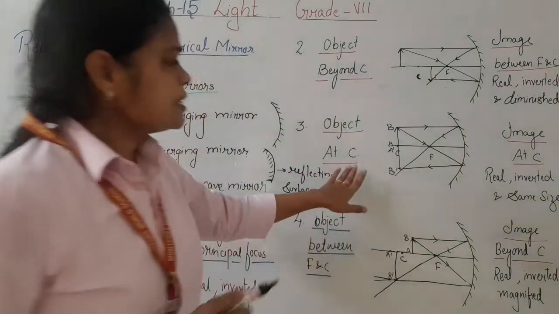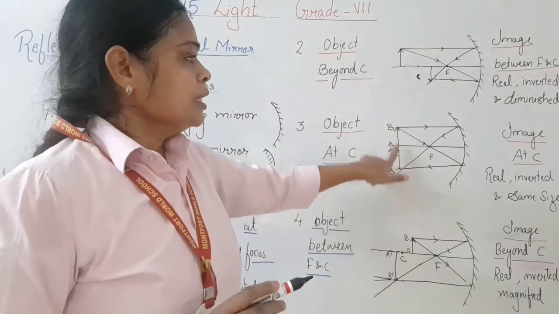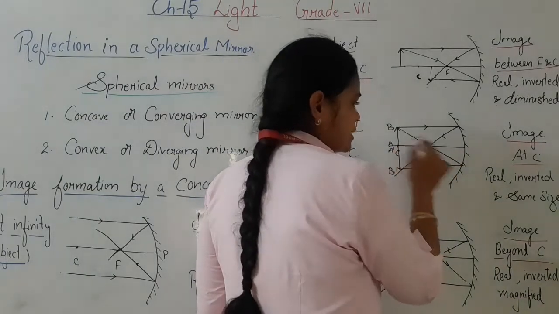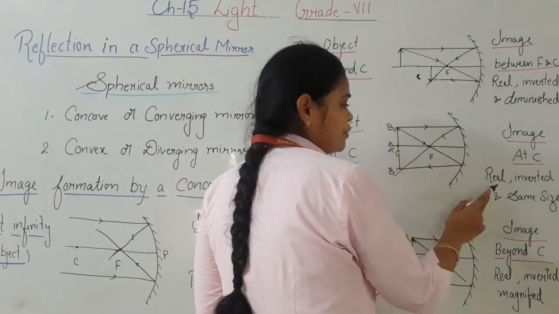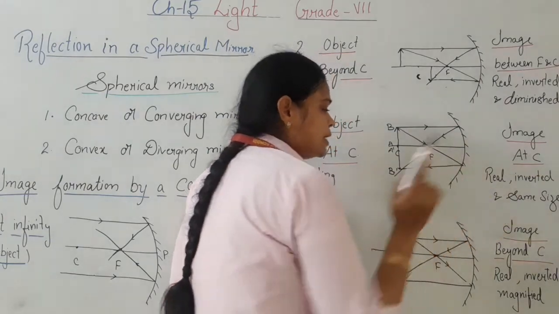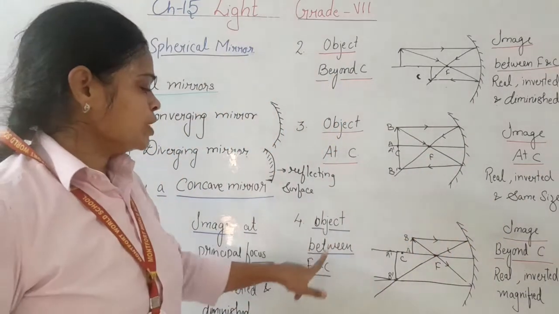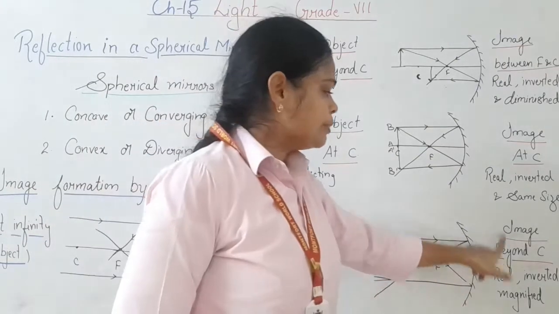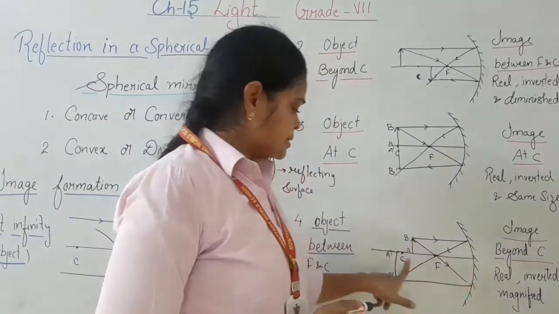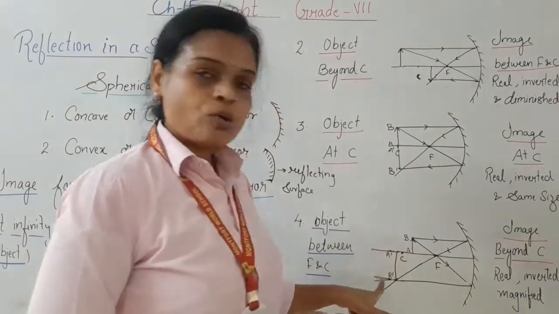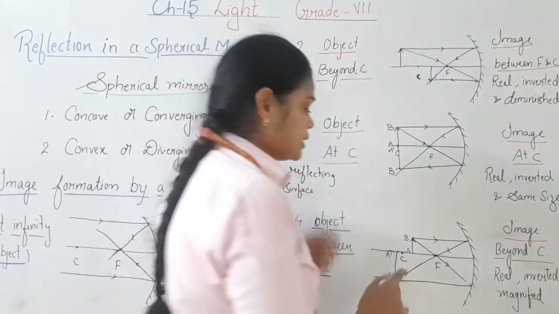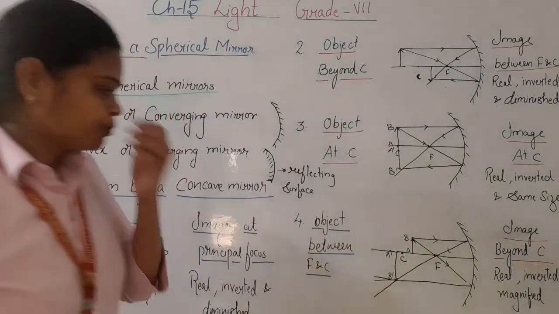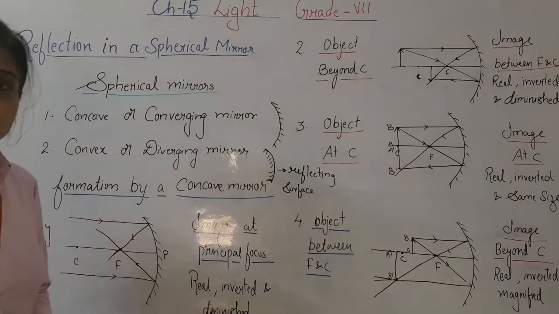If the object is at the center of curvature, then the image is formed at C only, and it is real, inverted and the same size. If the object is between focus and center of curvature, then the image is formed beyond C, that is after C, and the nature of the image is real, inverted and magnified.